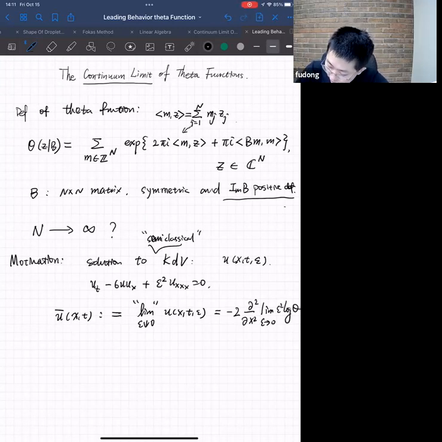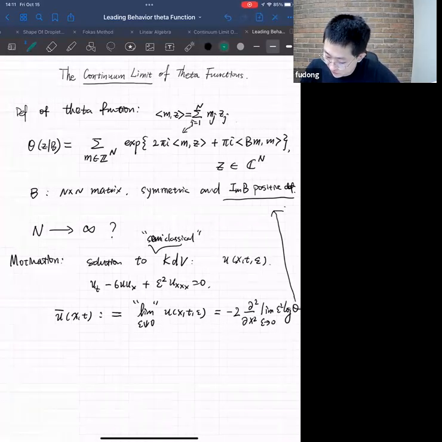So that is why we want to study this theta function. This theta is what we define here. That's the motivation, and now the object we want to study is this.